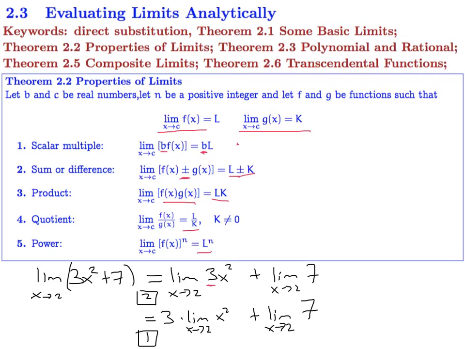If we go back to the basic limit properties we talked about before, the first limit here is just a power rule, which means I can directly substitute in. I can replace all my x's with 2 to get 3 times 2 squared. And last, this second limit here is a constant. The constant rule says this function is always going to be 7, so when I compute the limit, I just get 7.